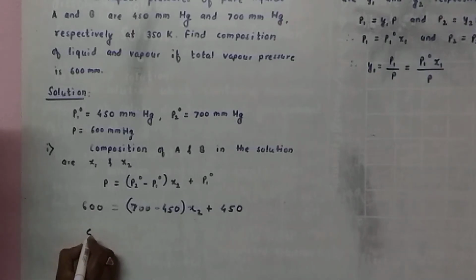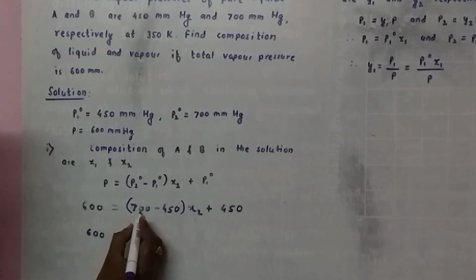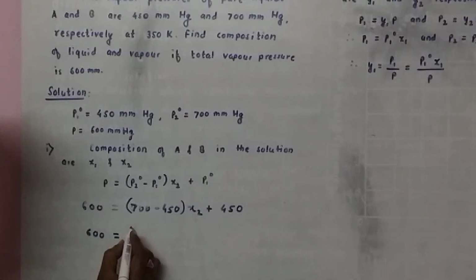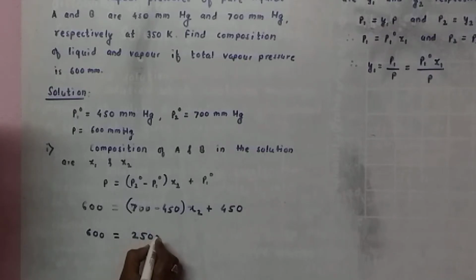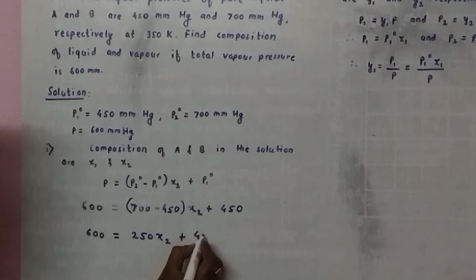So 600 is equal to 700 minus 450, so it will be 250 x2 plus 450.